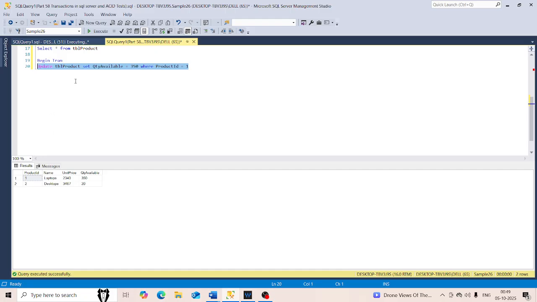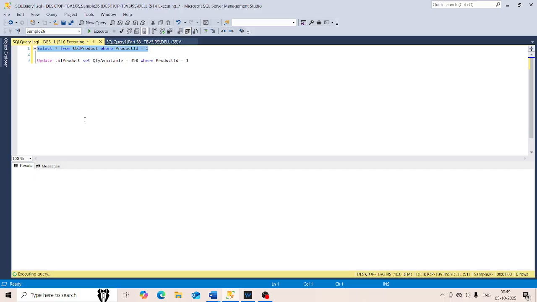So this transaction is not interfering with this transaction here.